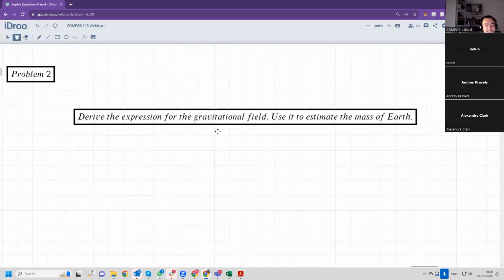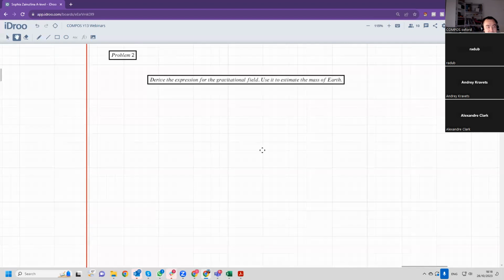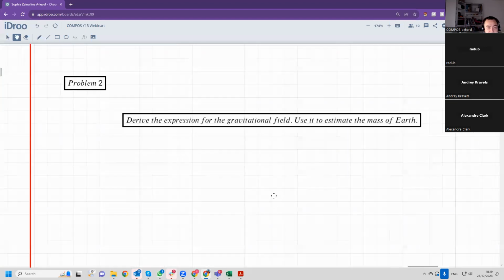Derive the expression for the gravitational field. Use it to estimate the mass of Earth. The definition of gravitational field is the force per unit mass.